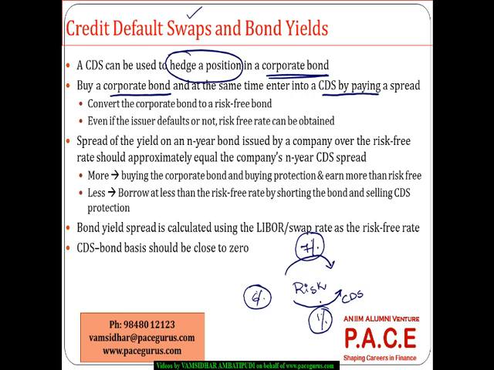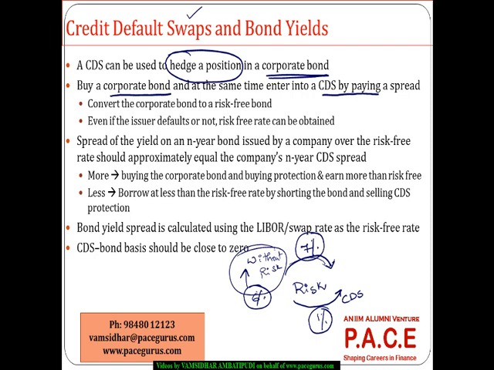Now what we are simply saying is this 6% is without any risk, because though this part is risky, by spending 1%, I'm buying protection against the default of this particular entity. So the net 6% that I am getting is almost risk free.